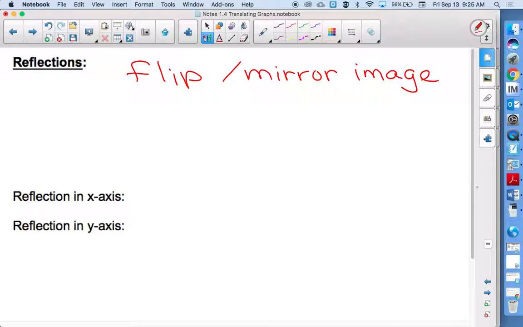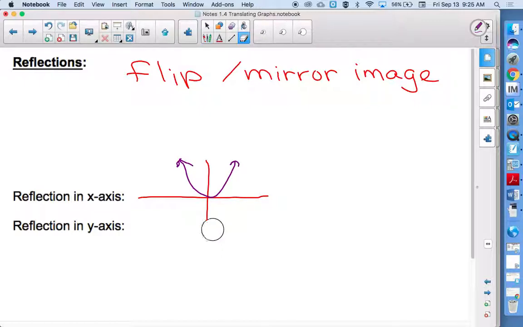So if we have a reflection on the x-axis, here's my graph. If we're reflecting it over the x-axis, if it's up, it bumps down. So it's flipping.